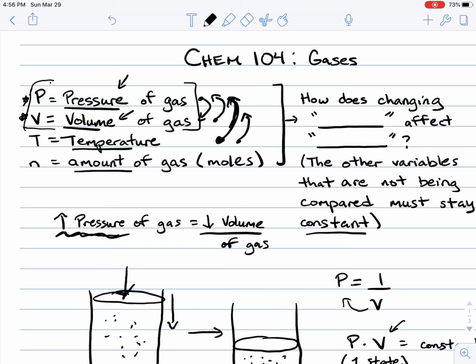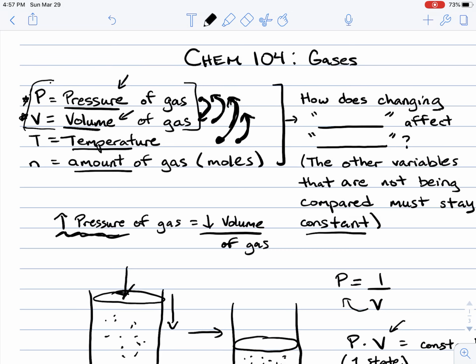So this is known as Gay-Lussac's law. And we went ahead and discussed the relationship between temperature and volume, and that was Charles's law. And the relationship between pressure and volume, or volume and pressure, is going to be Boyle's law.